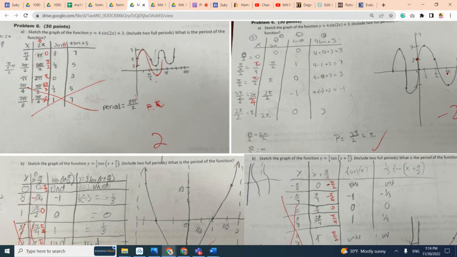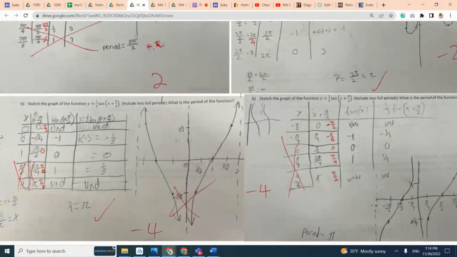So your angle usually will have the pi. And then here, these values are wrong. Here, the theta values are wrong. It's from minus pi over 2, negative pi over 4, etc. So remember to watch the recording.